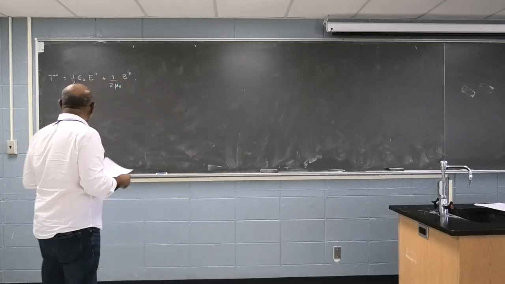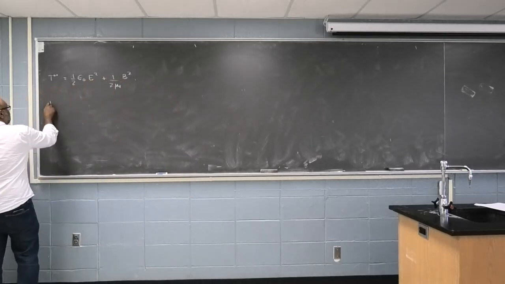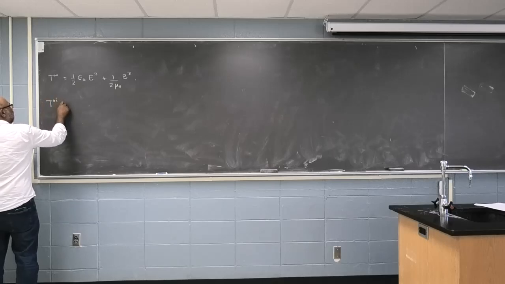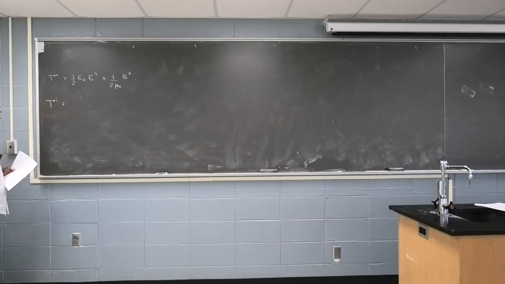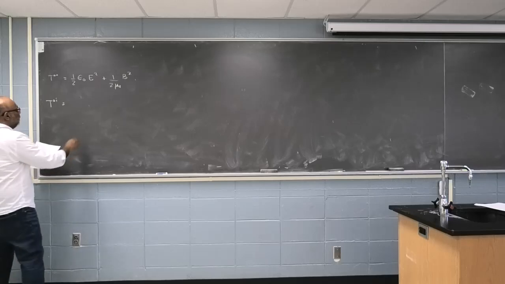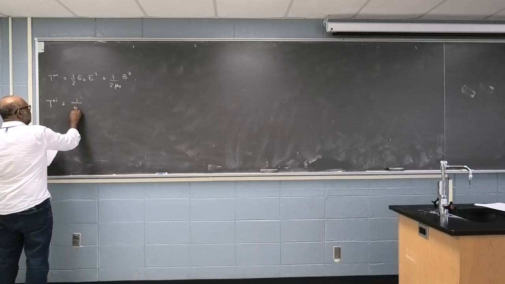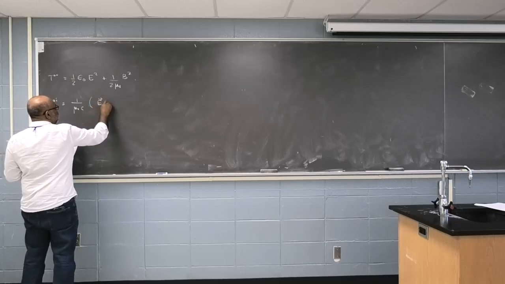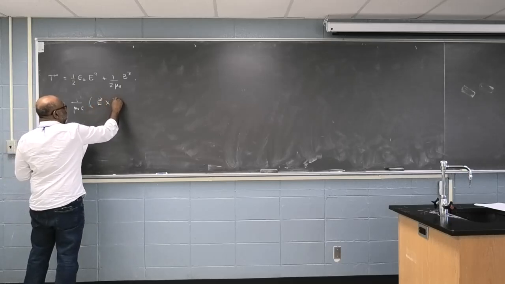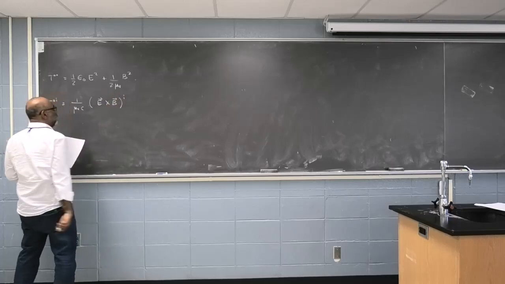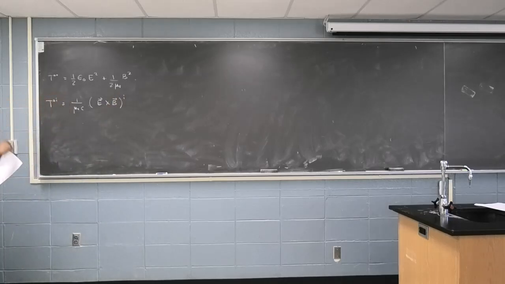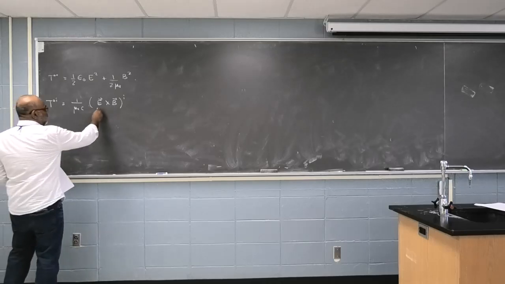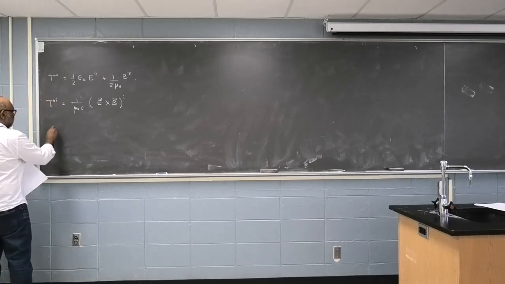There's another problem where you will compute T0i. And when you do that, once again, you will find that this is E cross B, the ith component of this. These are things you will verify in your homework. But you should recognize this. This is proportional to the Poynting vector.